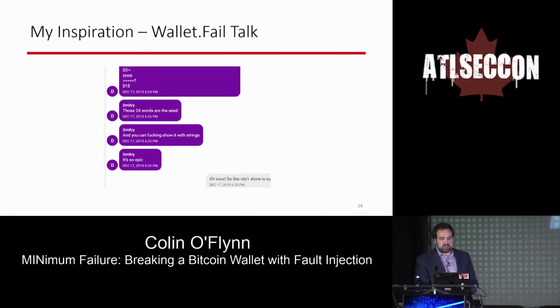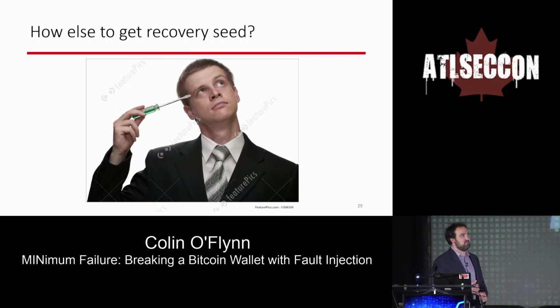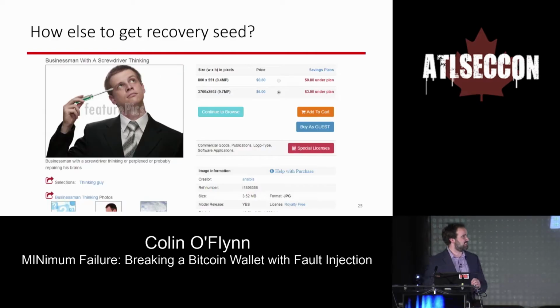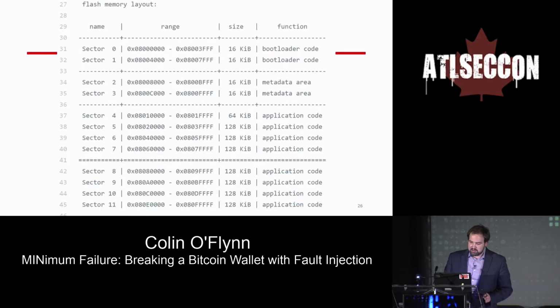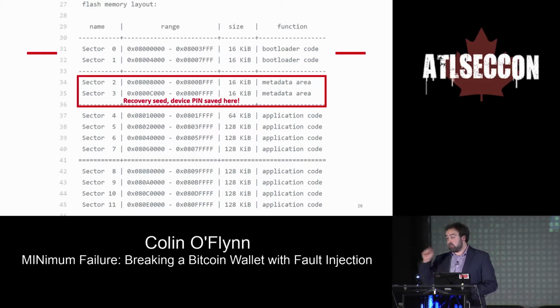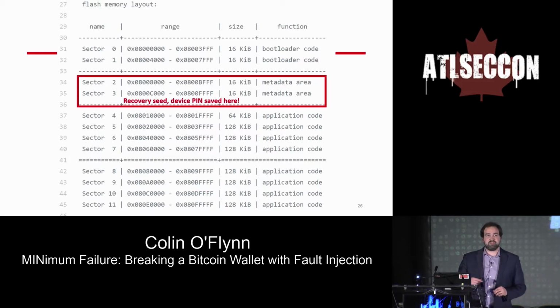Whereas what I wanted to look at is how else could you get it, hopefully in a way that doesn't involve actually opening the device up. So you think, like with a screwdriver to your head apparently in this stock photo, of other ways that you could get information out of this device, and in particular the recovery seed. The recovery seed and also the device PIN are stored in flash memory.